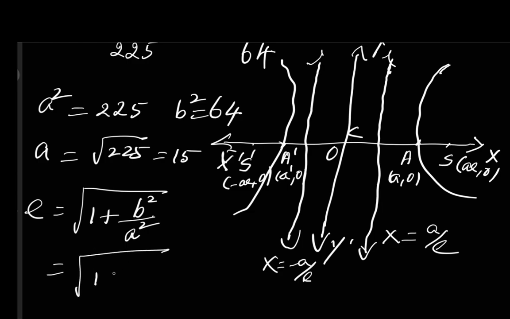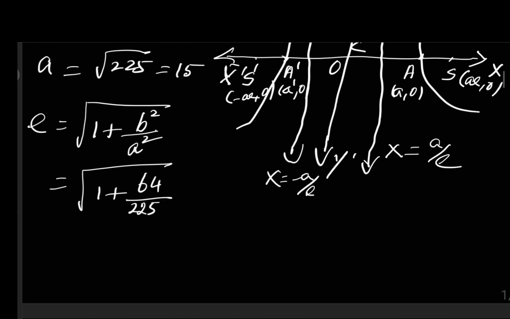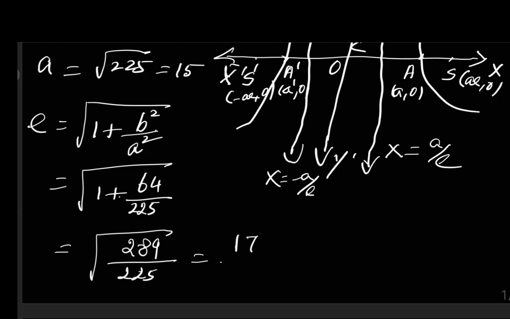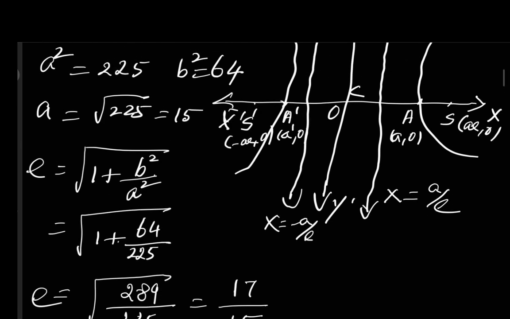So square root of 1 plus 64 by 225. Take the LCM, 225, so 225 plus 64 is 289. So square root of 289 is 17 by 15. So this is your e.